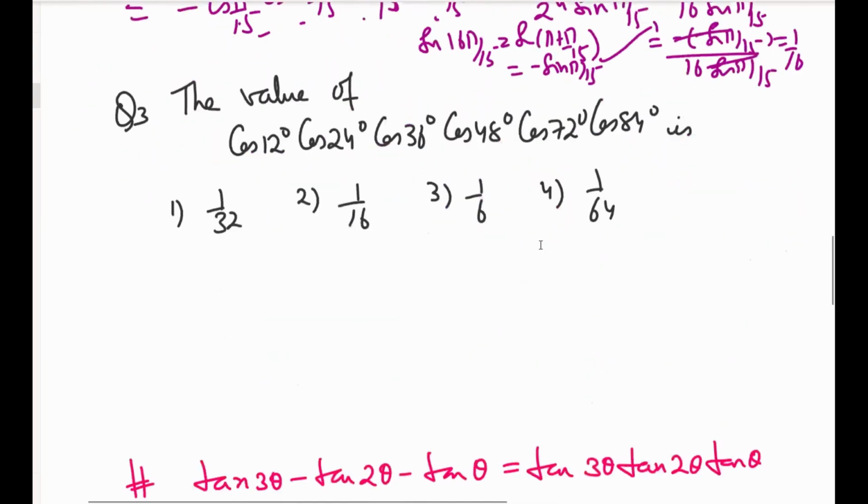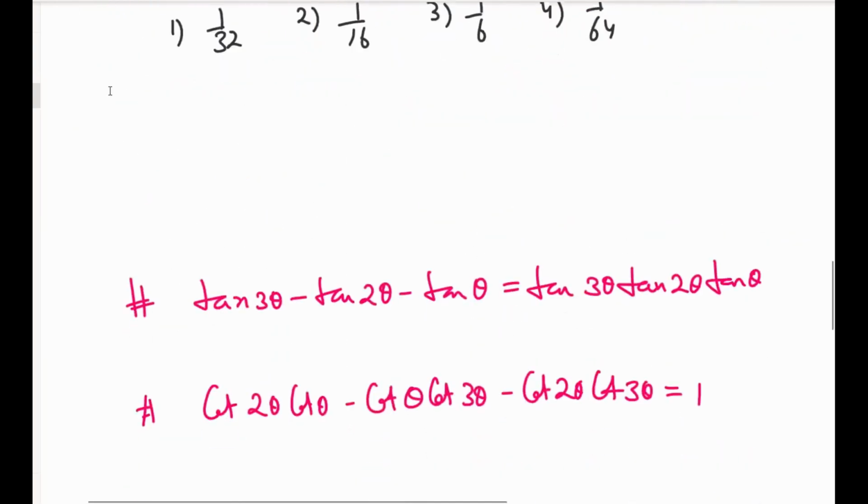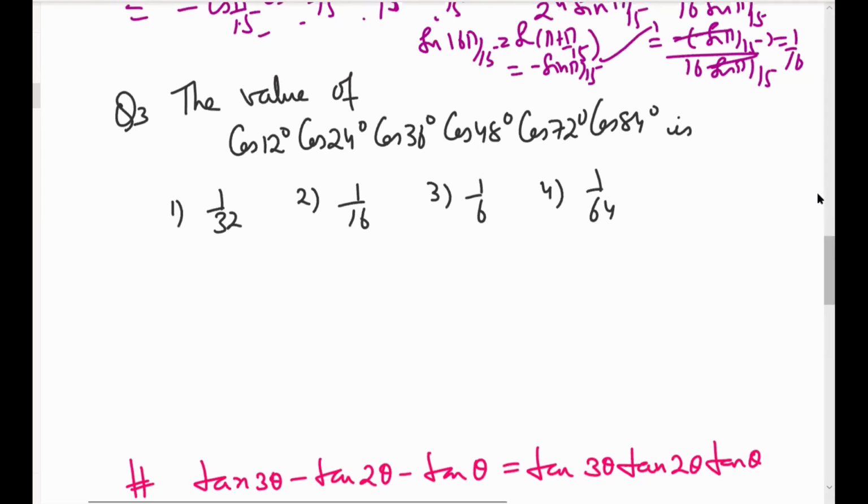Now look at this question. Now we have many angles. One is 12, another is 24, 36 written here, 48, 72, and 84. 1, 2, 3, 4, 5, 6 angles. Out of these 6, we know the value of cos 36 and cos 72.